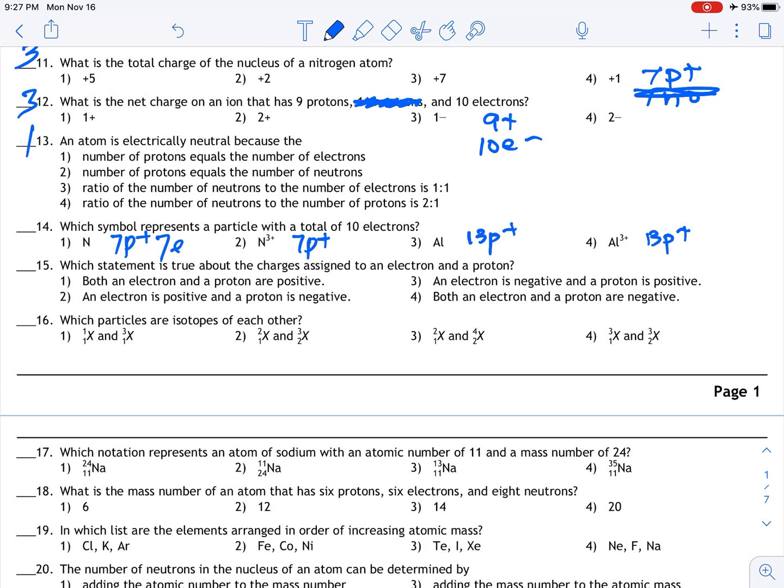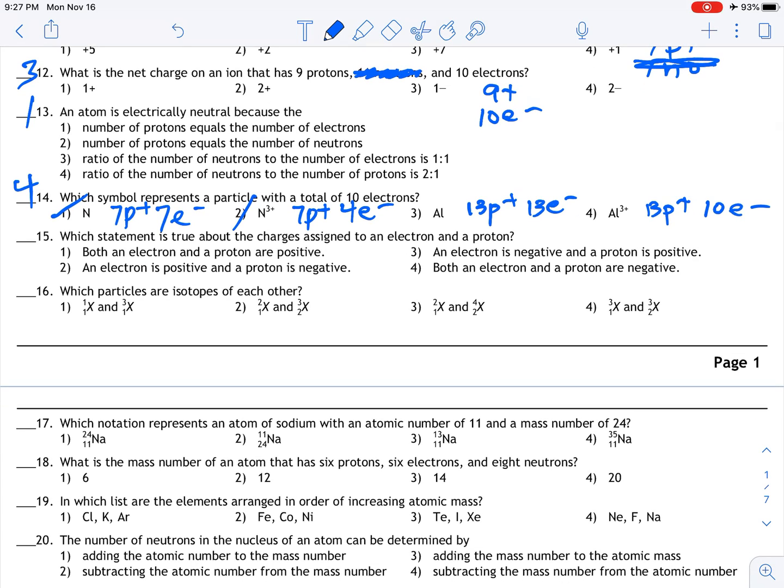You'd have to have 7 electrons, so that's not our answer. This would normally have 7 electrons, but if it's minus 3, it means we've gained 3, so this would be 10 electrons. Aluminum, if there's no charge, would have 13, and that would mean we lost 3. So that's why it's choice 4.